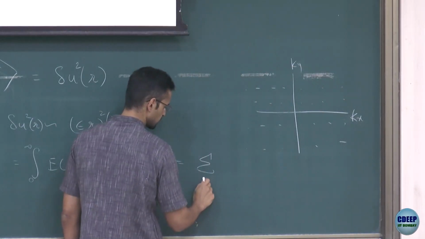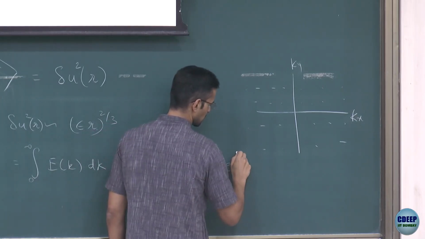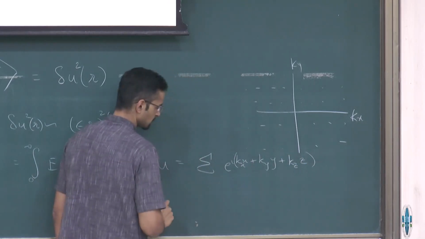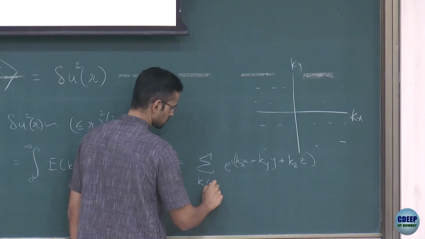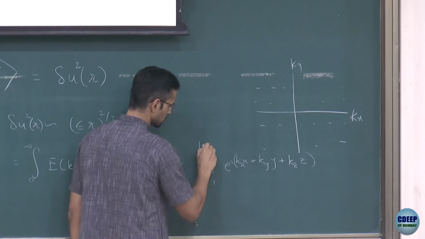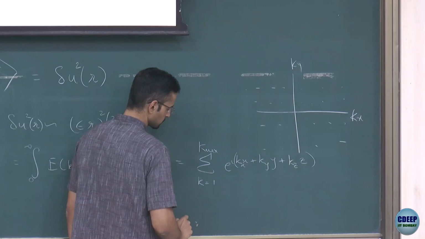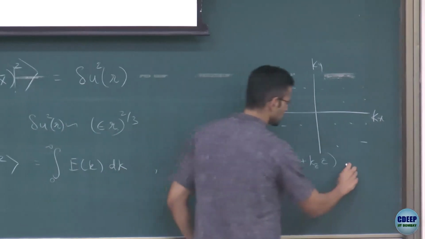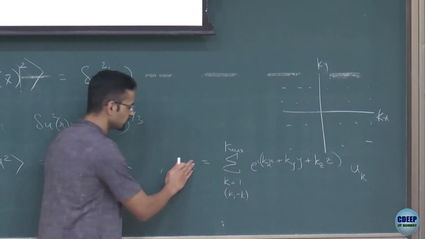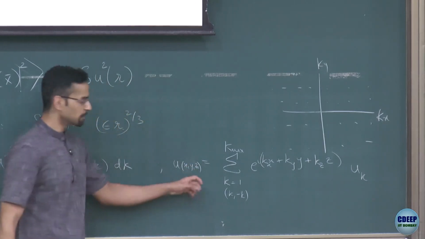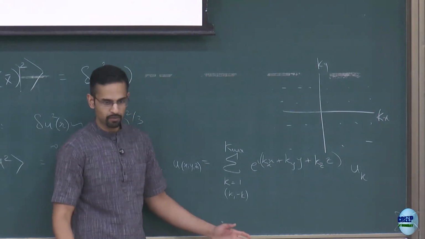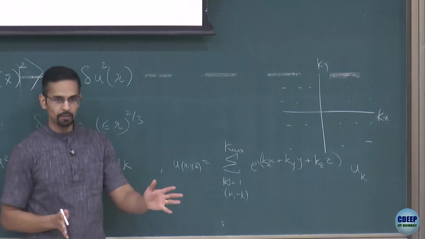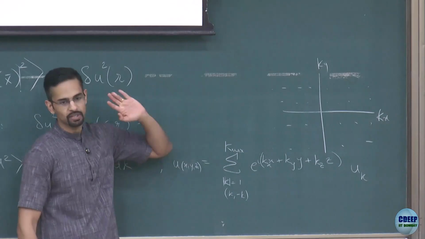I write my three-dimensional velocity field in x, y, z, do a finite Fourier transform, and sum over all different kx, ky, kz, taking combinations such that the amplitude k goes from 1 to some cutoff k max.